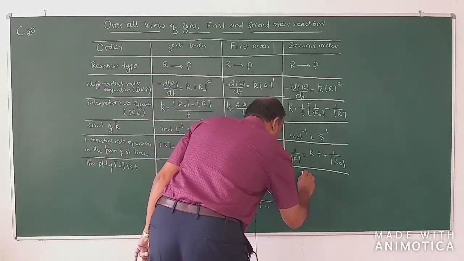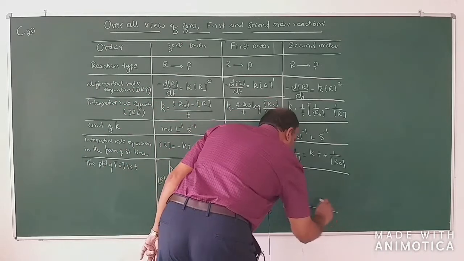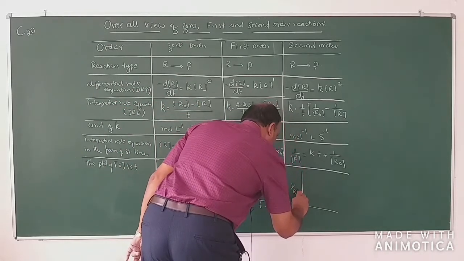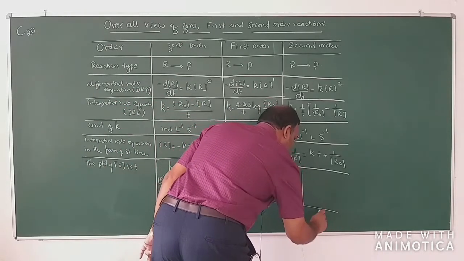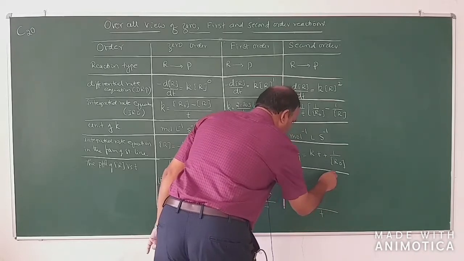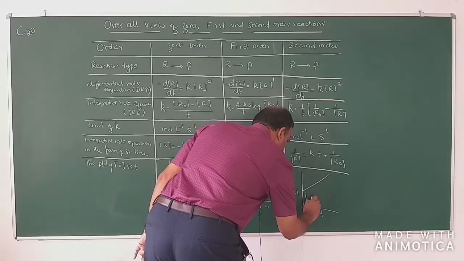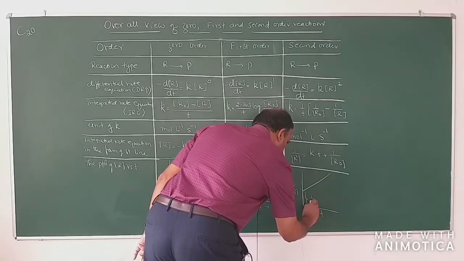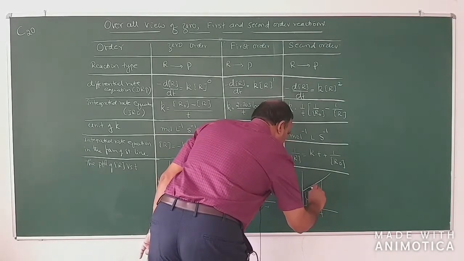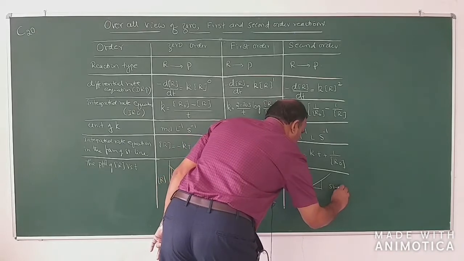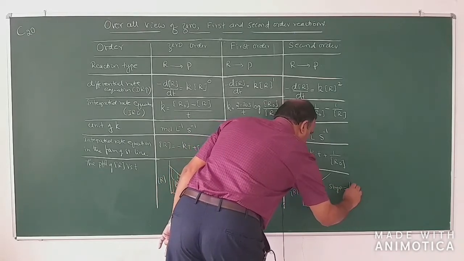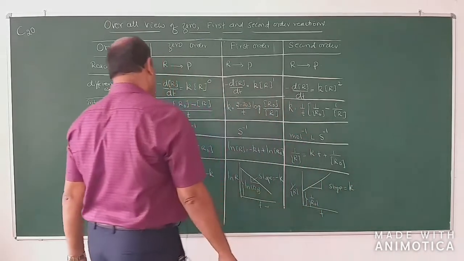For second order reaction, if you plot 1 over R versus T, you will get a straight line like this. The intercept gives 1 over R naught and the slope equals k.